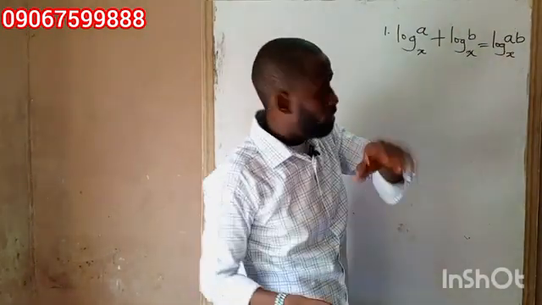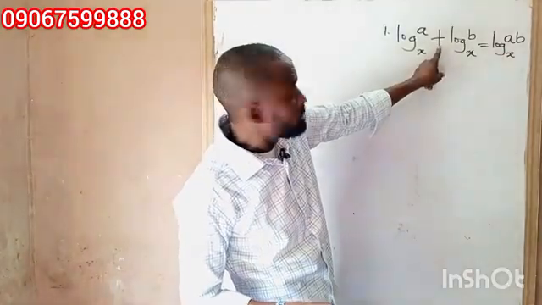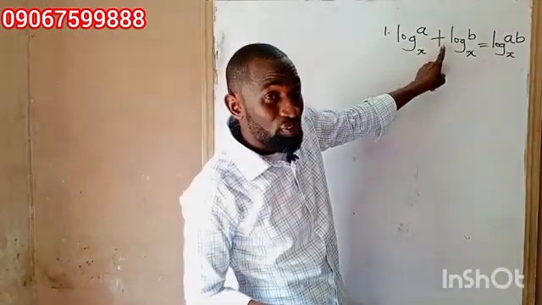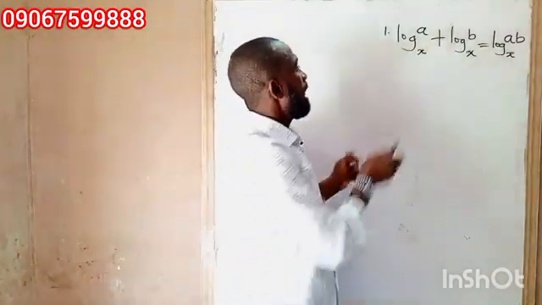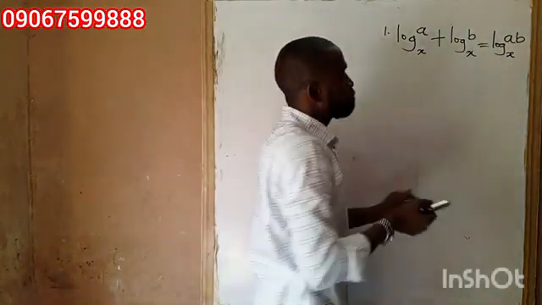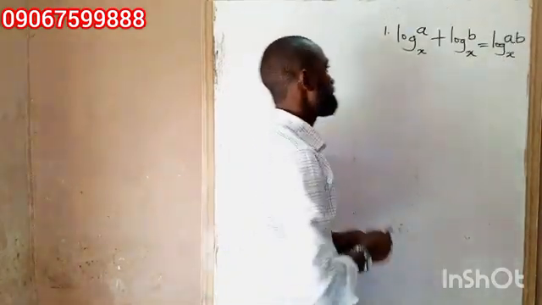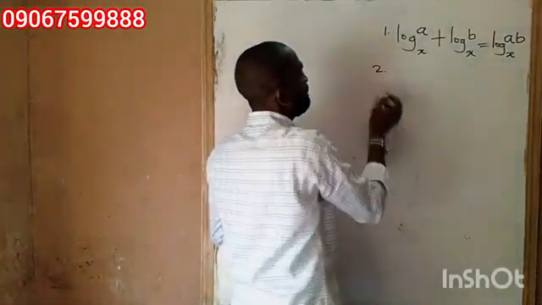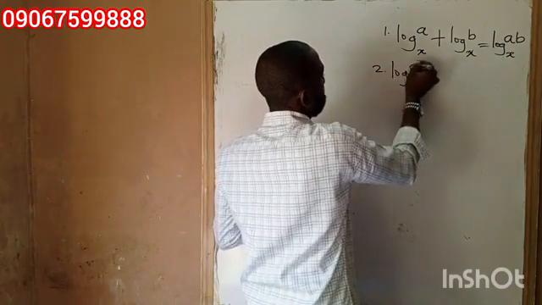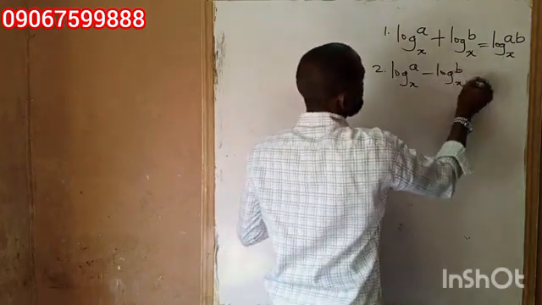So in the exam, if it's something like this, I can break it down. When I have addition between them, and I have the same base but different numbers, what will I do? I will multiply the numbers and I will pick one base.